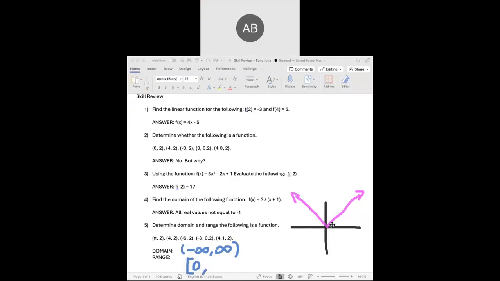Okay, because there's a dot. There's no open circle. Oh, that's right, I forgot about the open circles and the dots. And how about the highest value? Would that be infinity as well? That would be infinity. There you go. So when you have a graph, be mindful of that process: leftmost, rightmost, down, up to find the domain and the range.